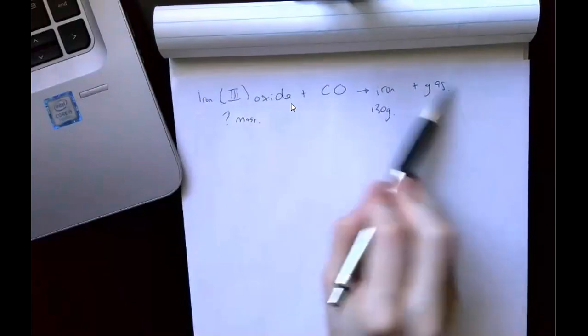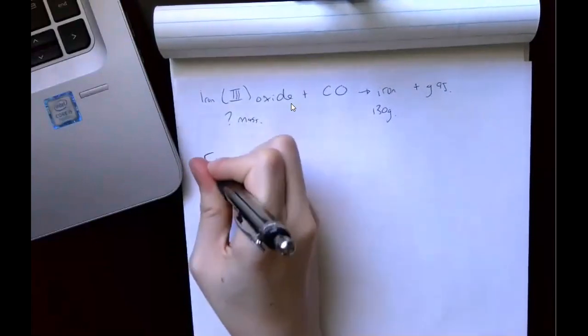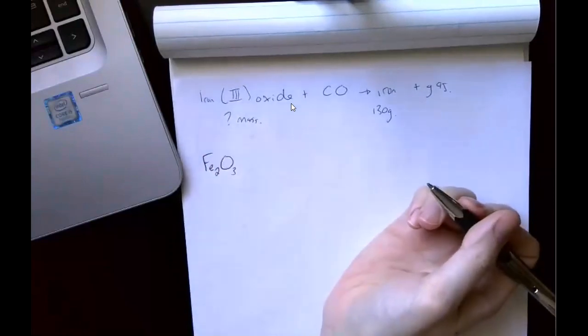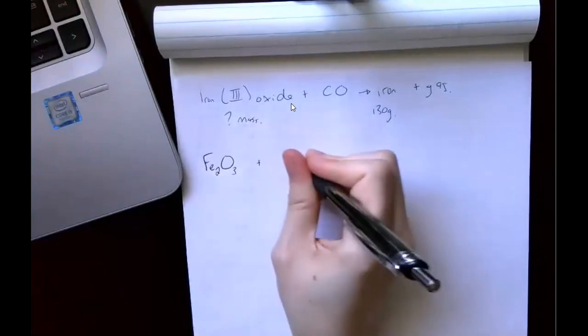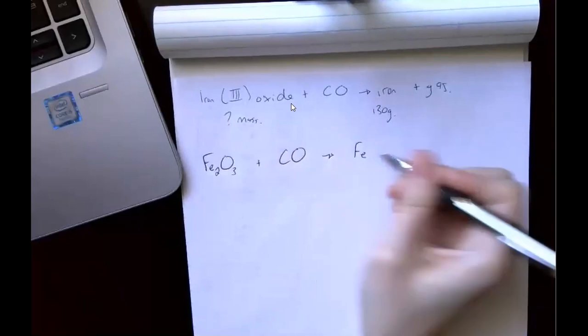So we're going to start by writing out the actual chemical equation for this. Iron 3 oxide will be Fe2O3. Carbon monoxide is obviously just CO. Iron is Fe.